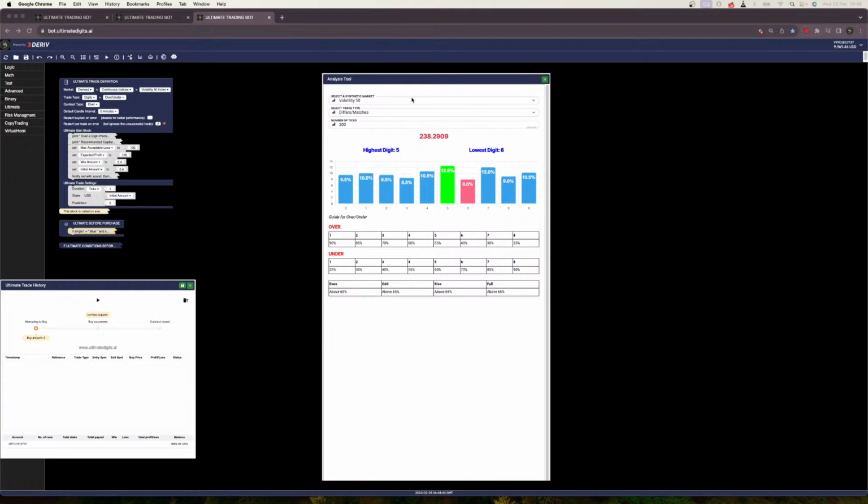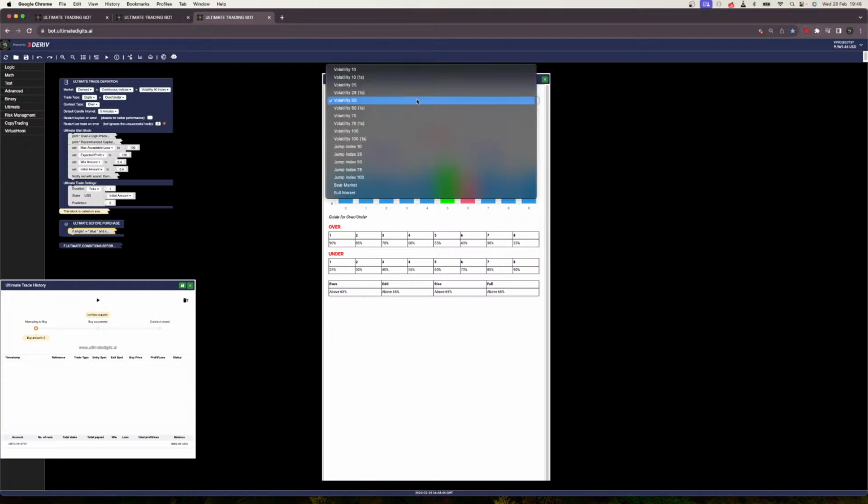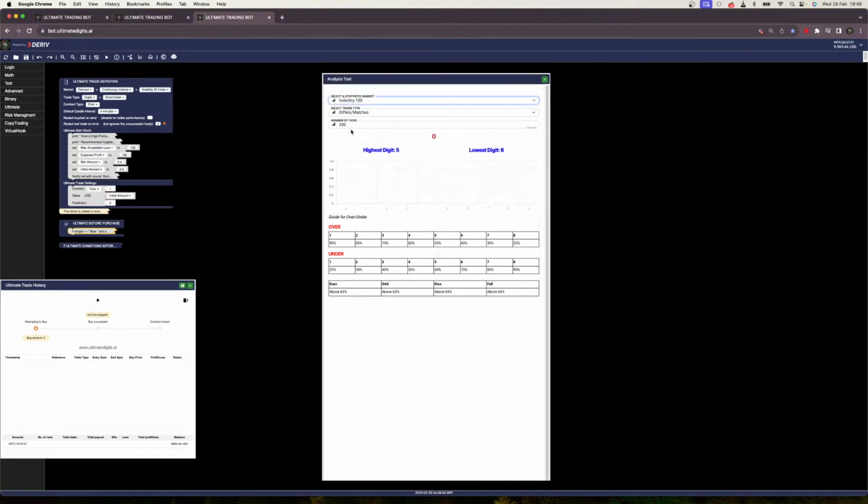Let's find another market on volatility index market. You can start with volatility 100 index. And look for the statistics.